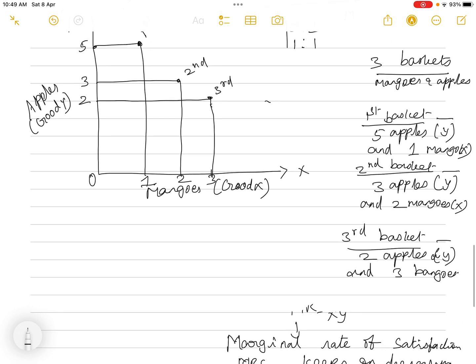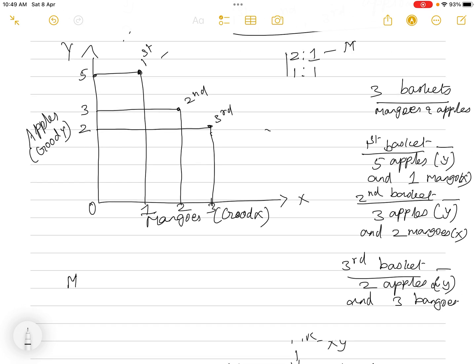That is known as the marginal rate of substitution, that is MRSX.